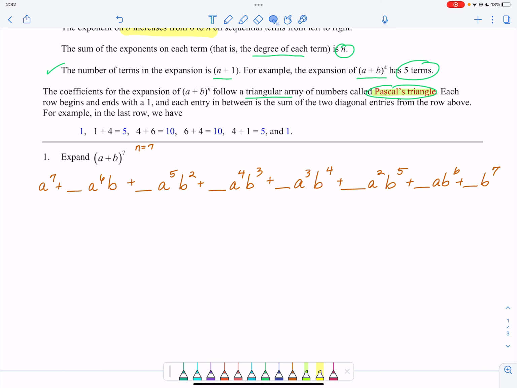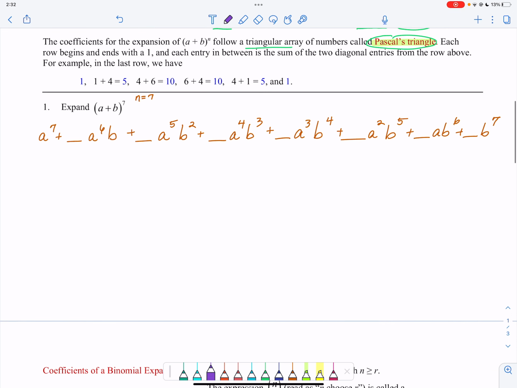Okay, let's find our coefficients using the triangle. So if we have a 1 and a 1 and a 1, we know that we have a 2 here. And then we have another 1 and a 1. So this is a 3 and a 3 and another 1, and so forth. And we could keep going.